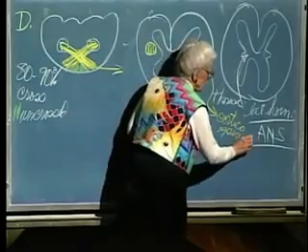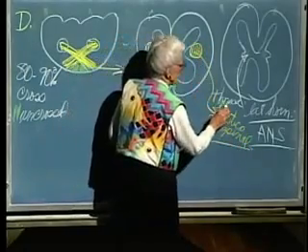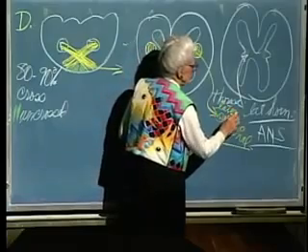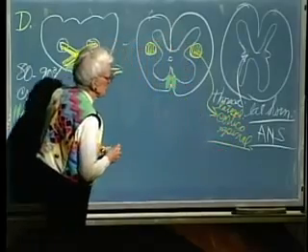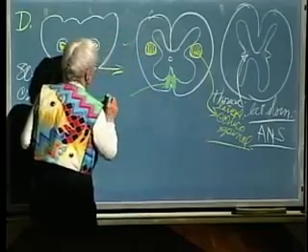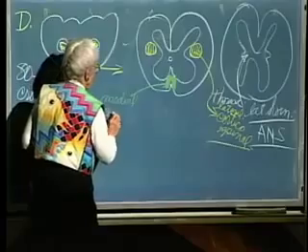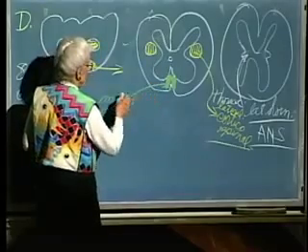But we could add a definition to it, where it is, a location, so we'll call it the lateral corticospinal tract. And this one becomes the medial corticospinal tract, or anterior.